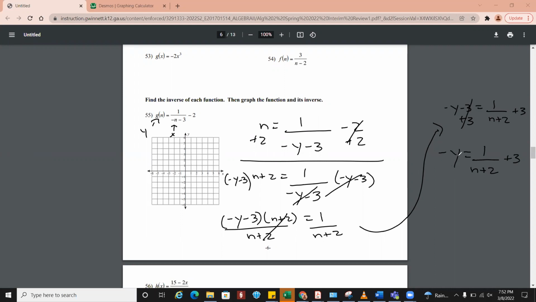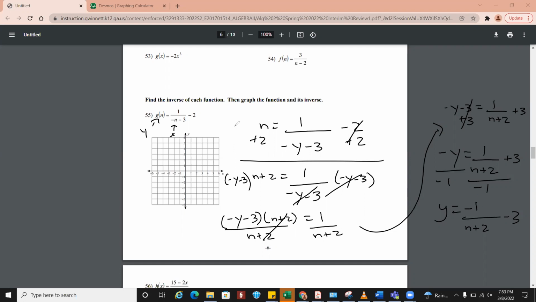Now I've got this negative right here, so I'm going to divide everything by that negative 1. So that should give me y equals -1 over n plus 2, and that should also make this -3. Let me check and make sure I did that right.